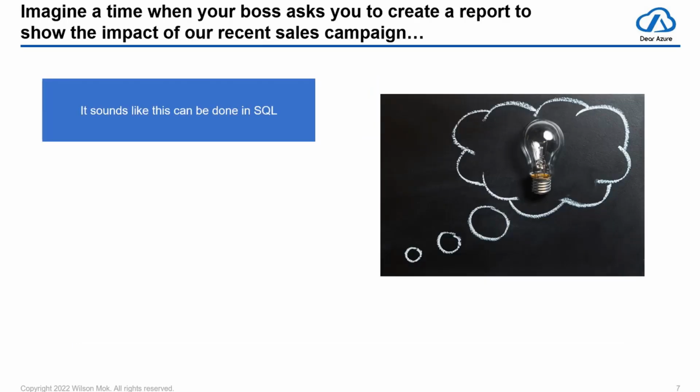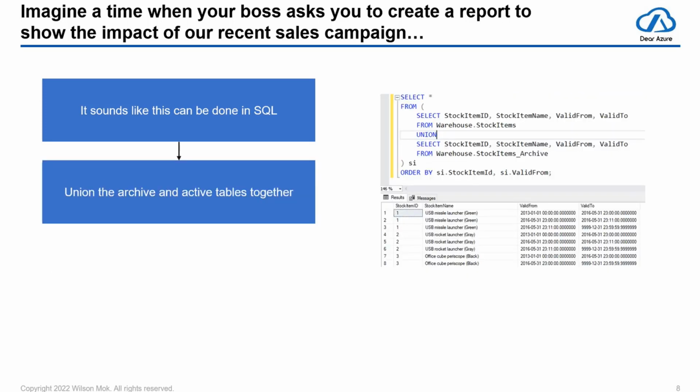So imagine a time when your boss asks you to create a report that shows the impact of our recent sales campaign. This sounds like something we can do easily in SQL. So let's try it, right? After some investigation, you identify that there are two types of table in your sales database.